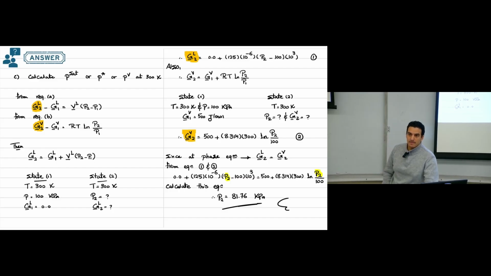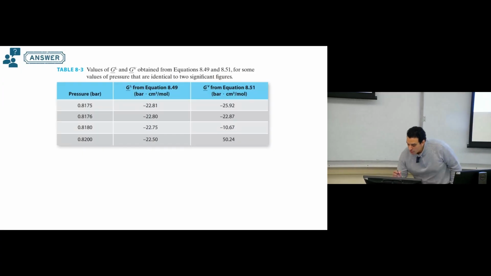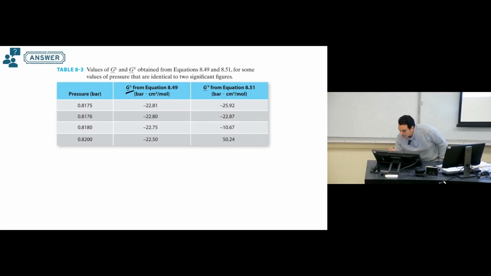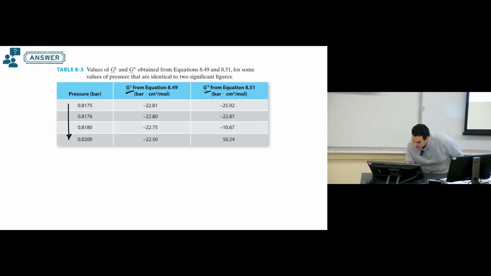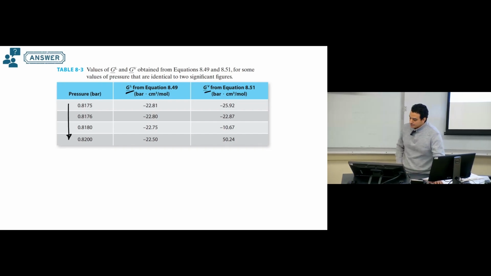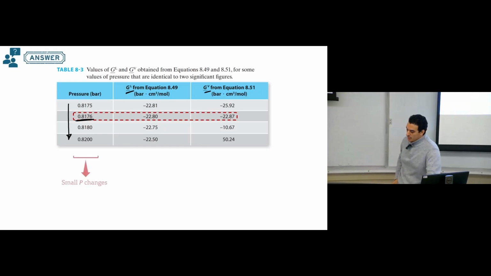Any questions? In the beginning of the lecture, we said we have a second limitation of using Gibbs free energy. Let's get back to this table. This table gives you the molar Gibbs free energy of liquid and of vapor at different pressure values. Here is the pressure at which the molar Gibbs free energies are equal.